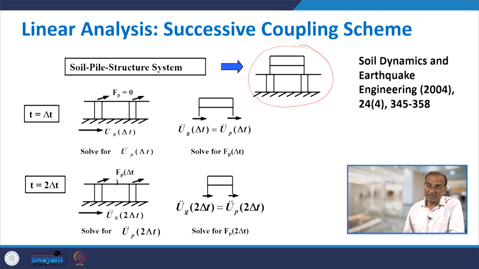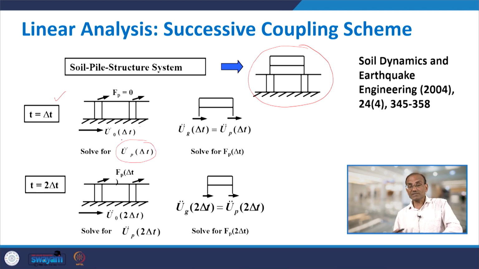For example, for the time domain analysis, at time t equal to delta t, that is the first step, you analyze the foundation subsystem, apply some input motion at the base of the foundation subsystem, and then solve for the output at the top of the piles, that is up delta t for this case.